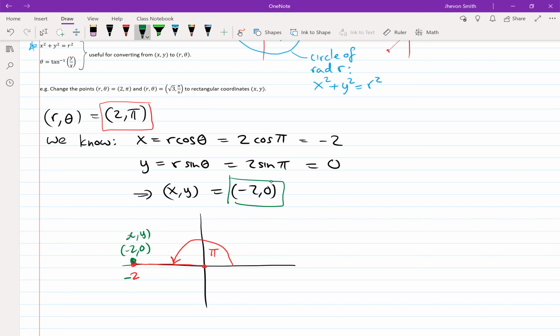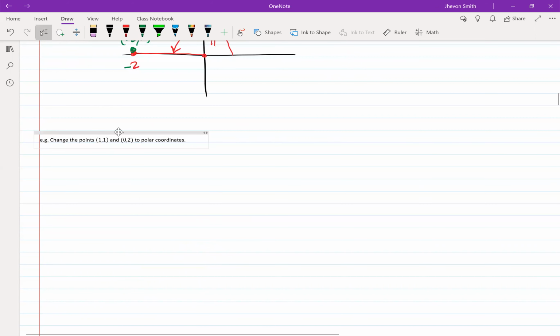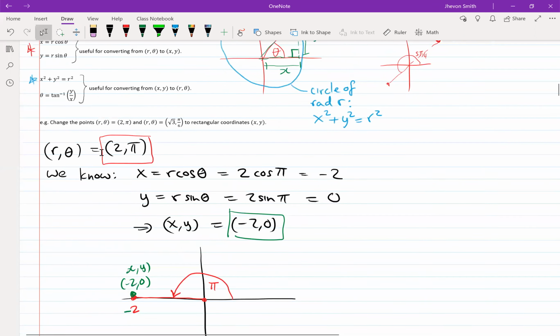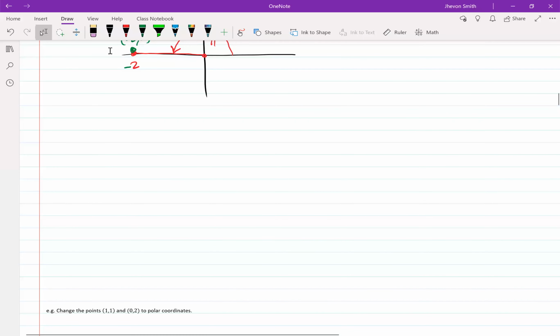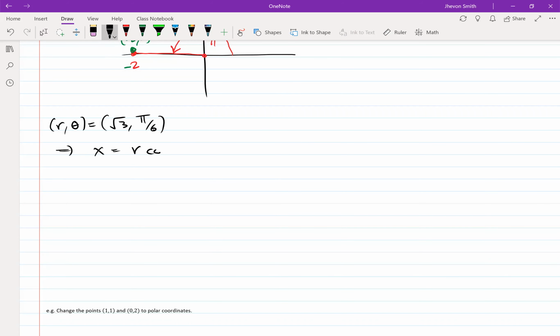So 2 comma pi in the polar universe is equivalent to -2 comma 0 in the xy universe. Similarly, let's move this one down. Radical 3 comma pi over 6. So obviously you're going to have to remember your trig here. If r theta is square root of 3 comma pi over 6, the x coordinate is going to be r cosine theta, which is radical 3 cosine pi over 6.